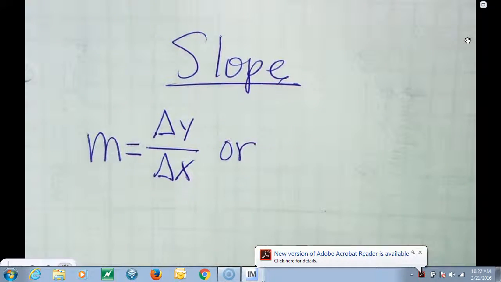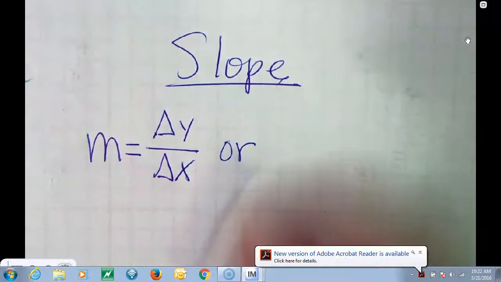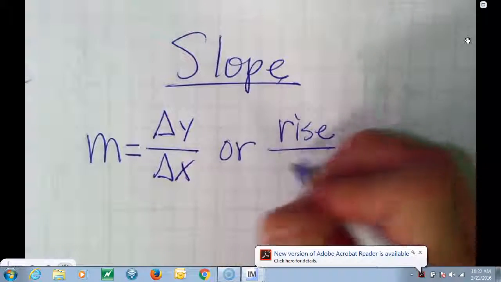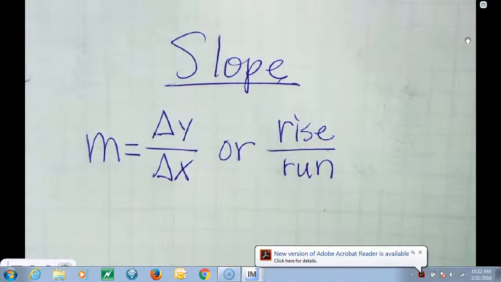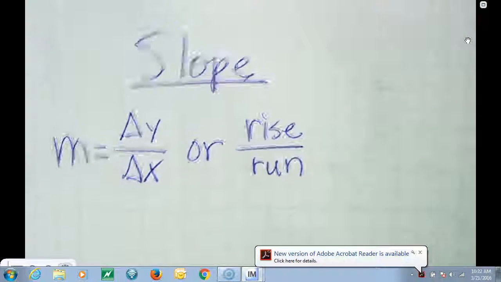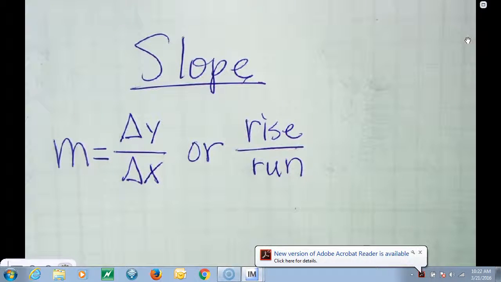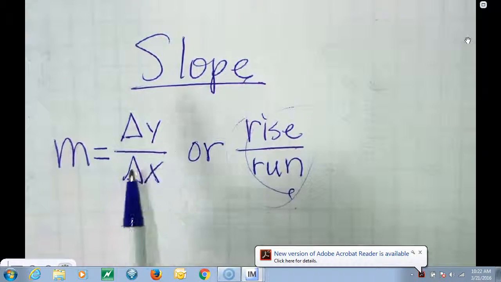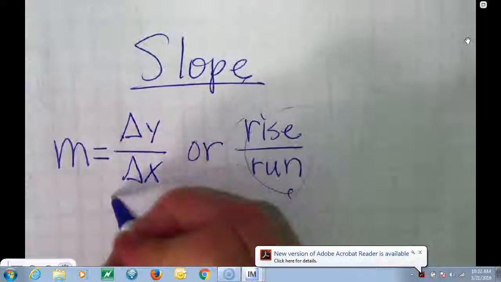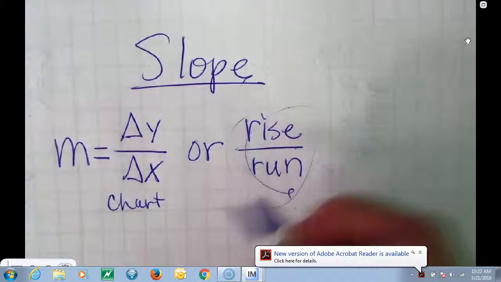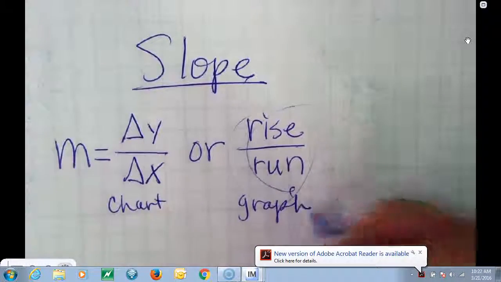Or rise over run. We just worked on that. Rise over run. So change in y over change in x or rise over run. When would you use rise over run? When it's on a graph. You would use this if it's a chart, a table. Chart, graph.